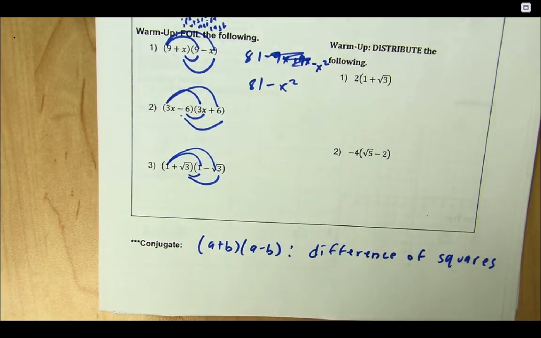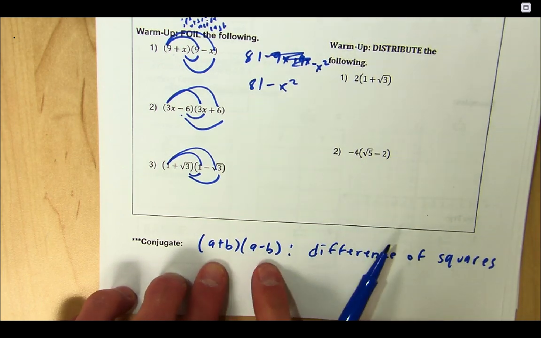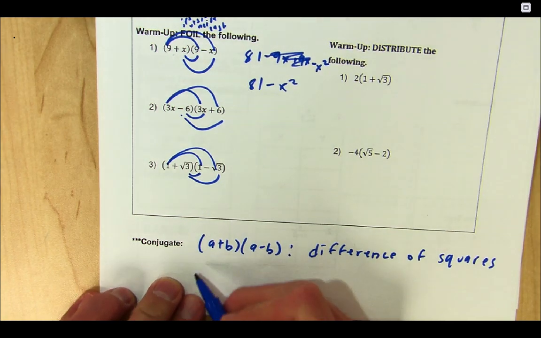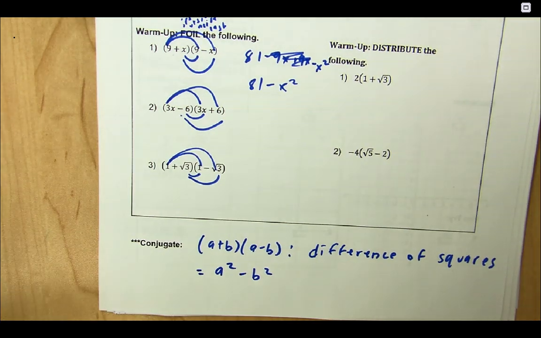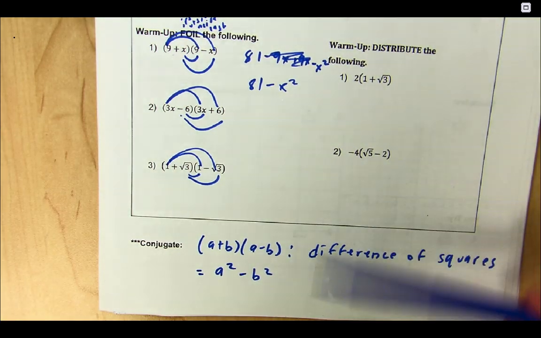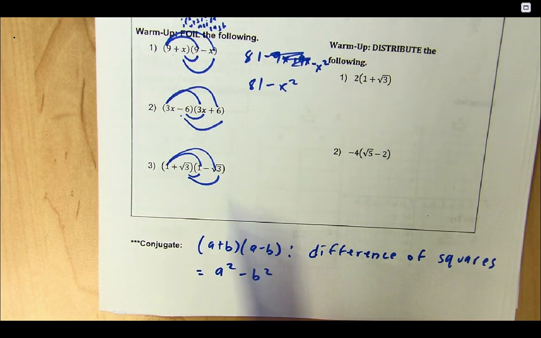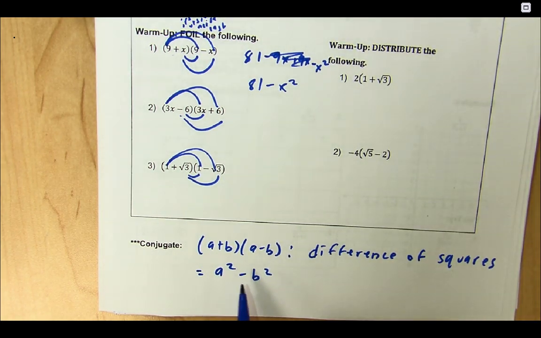When you multiply two binomials together, and if a and b are the same, except one is positive and one is negative, as we saw in the earlier examples, the middle two terms cancel out. This 9x and this plus 9x canceled out. These middle two terms would cancel. These middle two terms would cancel. So difference of squares, when you see that, you know it's going to simplify into a squared minus b squared.